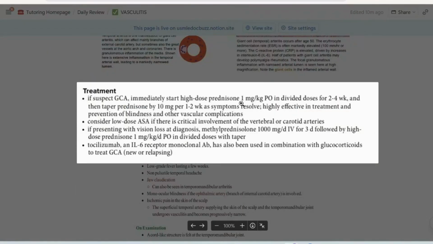We don't have to remember the doses, but we have to know that this is usually a high, high dose effect, right? And you have to make sure you give them enough of these, and then maybe consider a low dose aspirin, right? To make sure that they don't have involvement of any other arteries, right? And they have good flow throughout these, okay? If they have vision loss, then you have to give even a higher dose to subside the inflammation right away, okay?